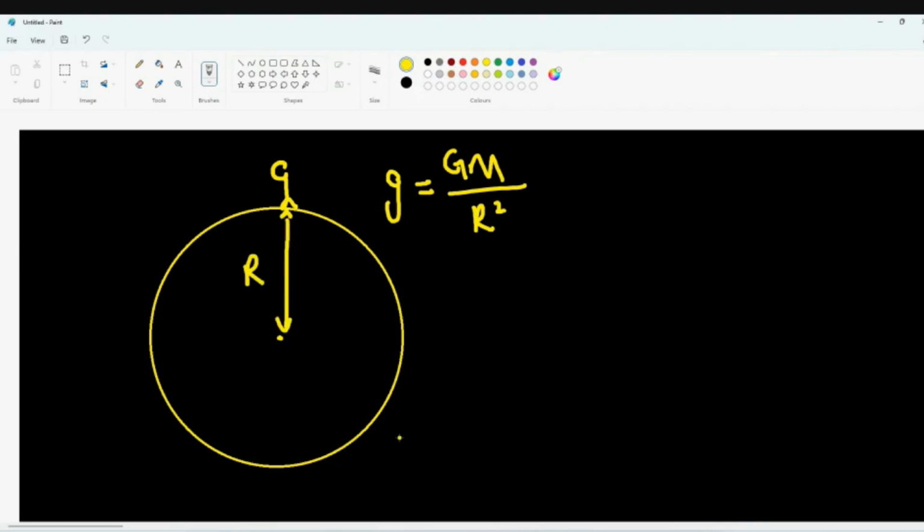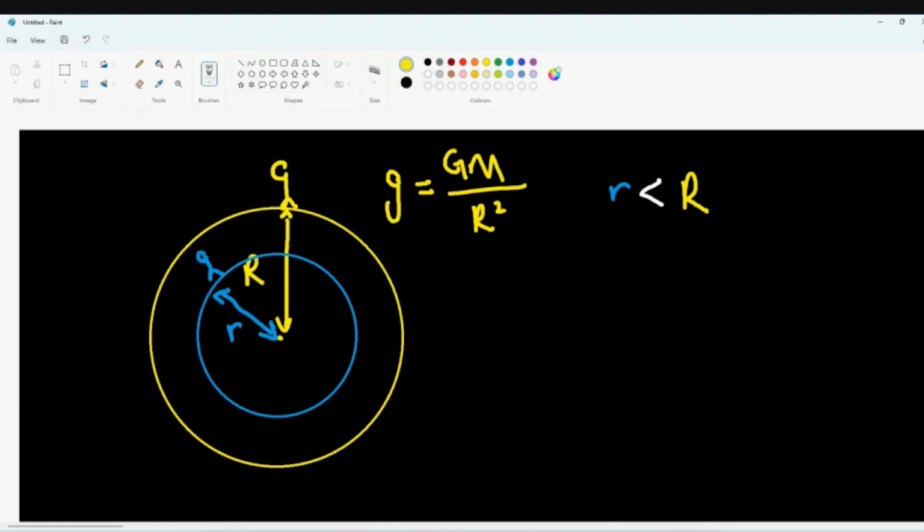Once you go closer toward the center, let's say we have another smaller circle. Now you are standing on this smaller size, and this small r is less than the radius of the Earth.